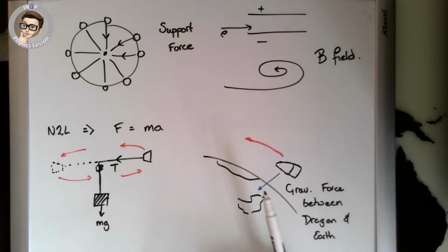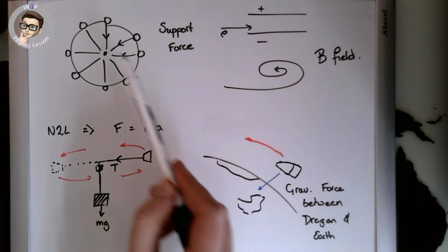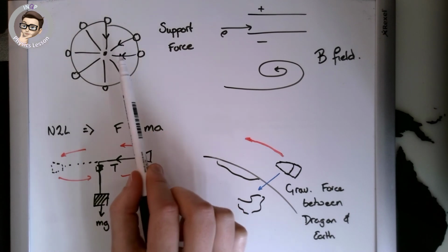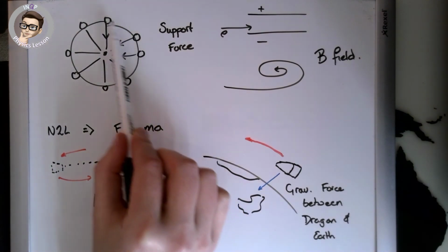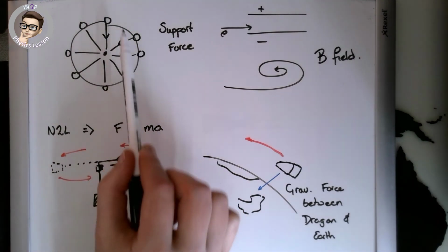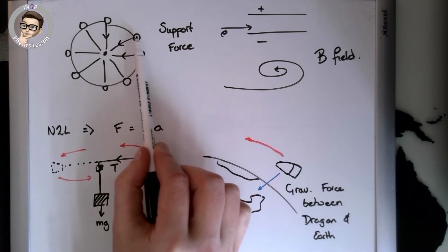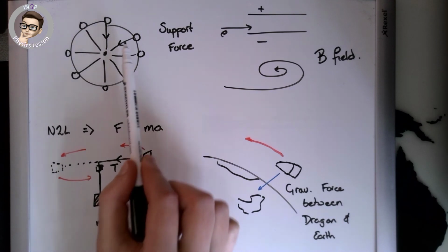So if we remove that gravitational force, so we suddenly could turn off gravity, then that Dragon capsule would move on in a straight line and would go into the solar system. We've got the London Eye, and we've got the support forces holding those pods in place. If we broke one of those support forces, then that little pod would fly off tangentially at that point.